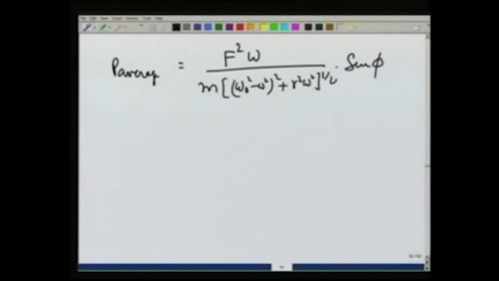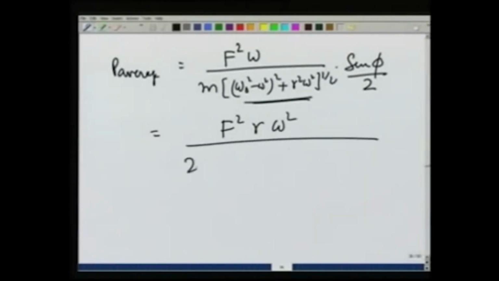Sine of phi, you recall, is gamma omega divided by this quantity. Therefore, this comes out to be f square gamma omega square, with the 1/2 because of cosine square omega t being averaged, divided by 2m times omega naught square minus omega square plus gamma square omega square, which is exactly the same as we obtained earlier by calculating the power being lost.